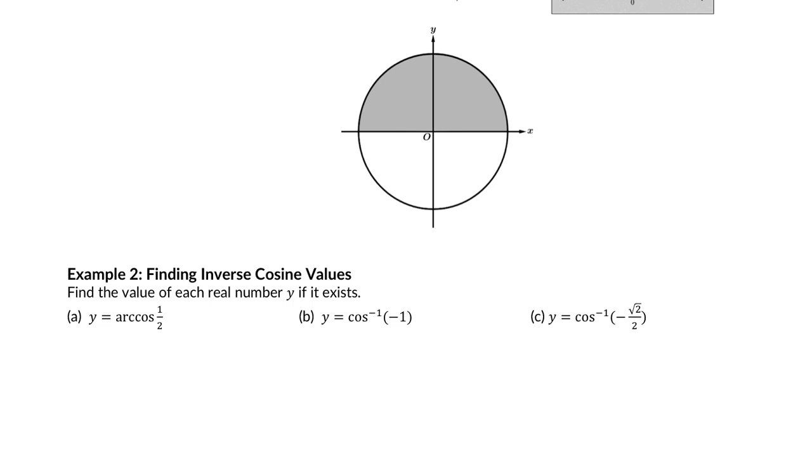If I'm finding the arc cosine of 1/2, in the top two quadrants, where is the first coordinate 1/2? Pi over 3. So the arc cosine of 1/2 is pi over 3. The output is an angle when the input is a value for inverse sine, cosine, and tangent. How about the inverse cosine of -1?